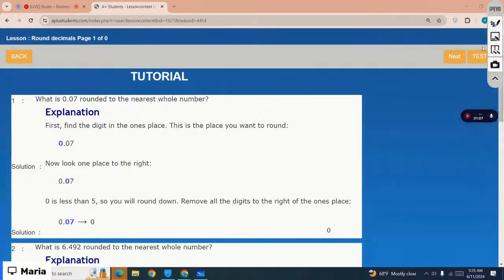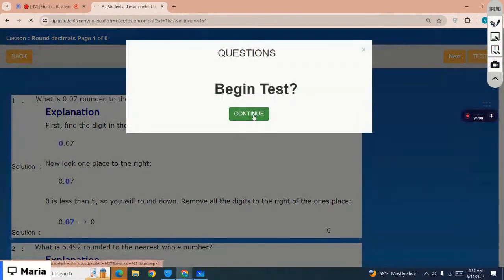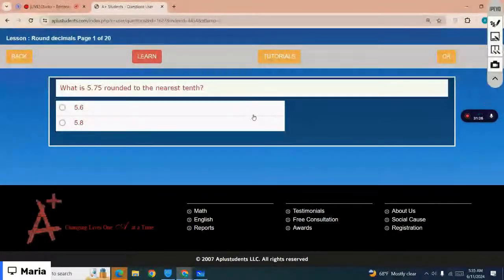Let's just start with the test question. What is 5.75 rounded to the nearest tenth?